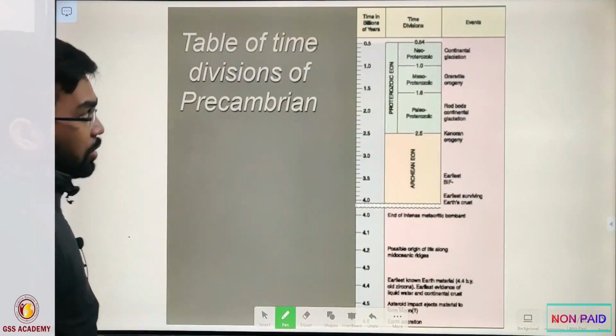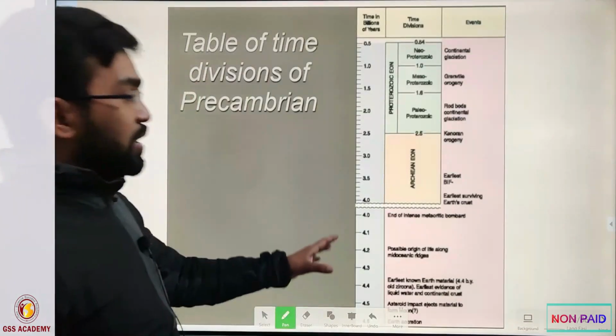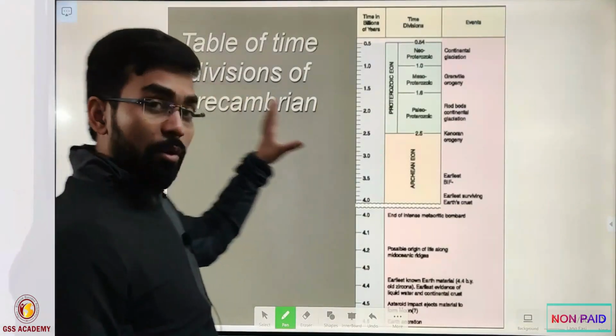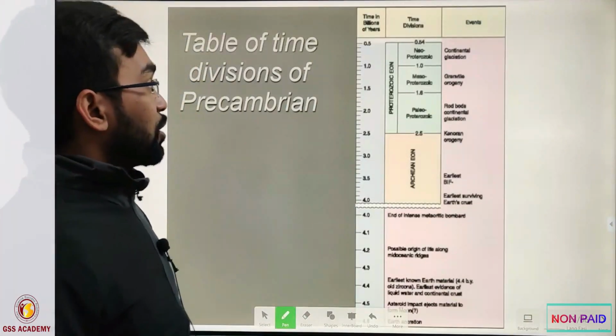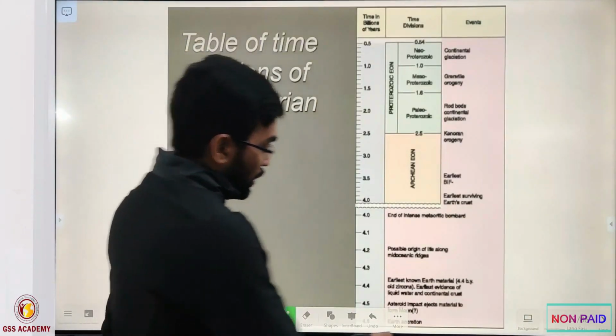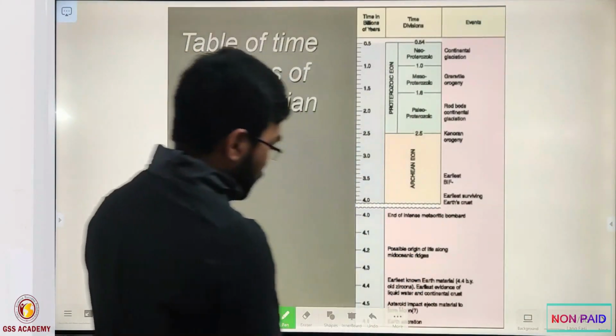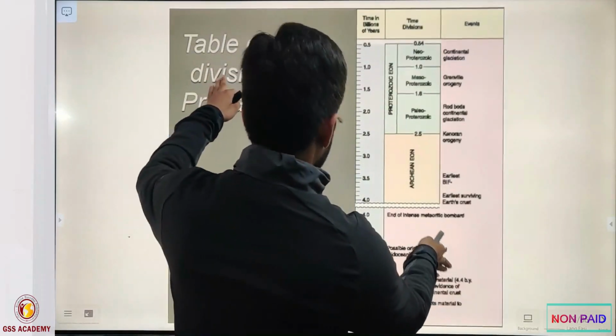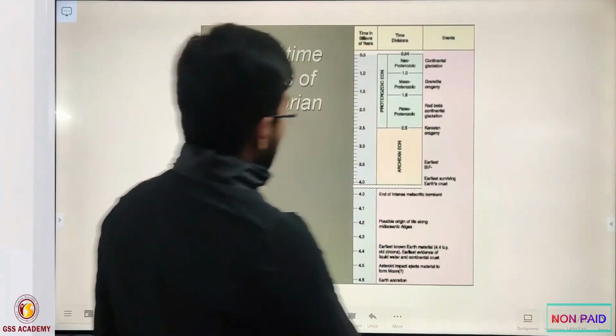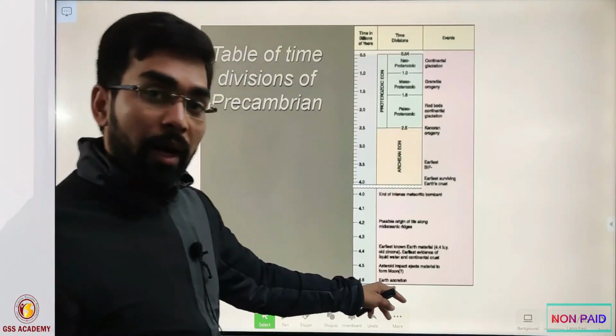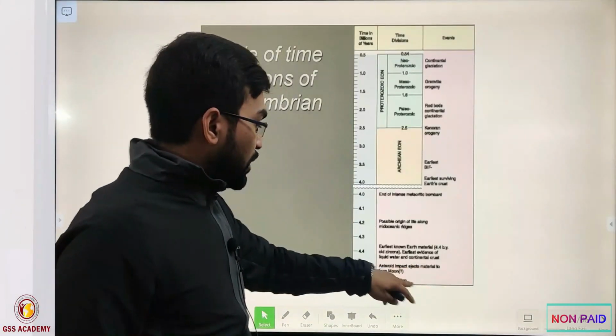Now look at here the major changes that were taking place in the time of the Precambrian in the history of life, the history of the earth. First of all, before that, let me show you the smaller. This one is 4.5, the age of the earth's accretion.